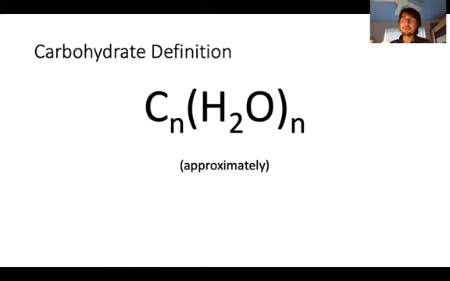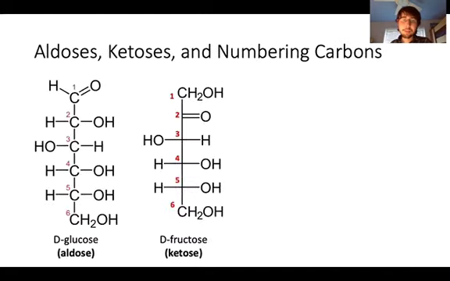It's a glucose plus fructose, but you remove a water, so it doesn't quite fit the ratios. And so one important class of distinction between different kinds of carbohydrates is aldoses and ketoses.